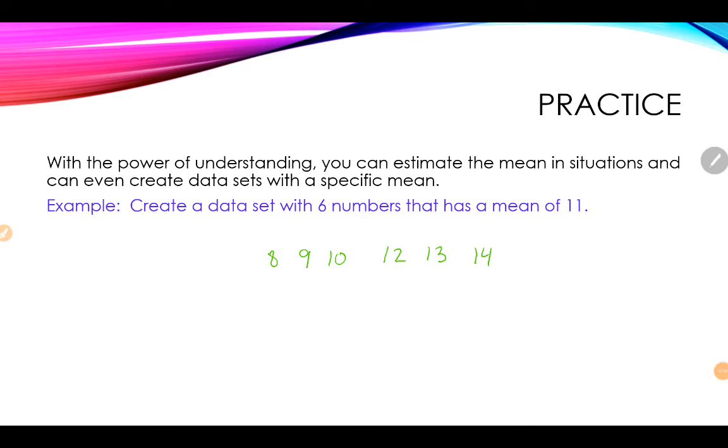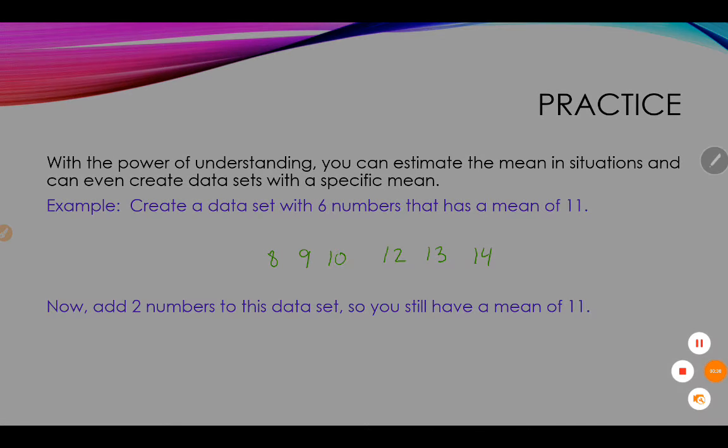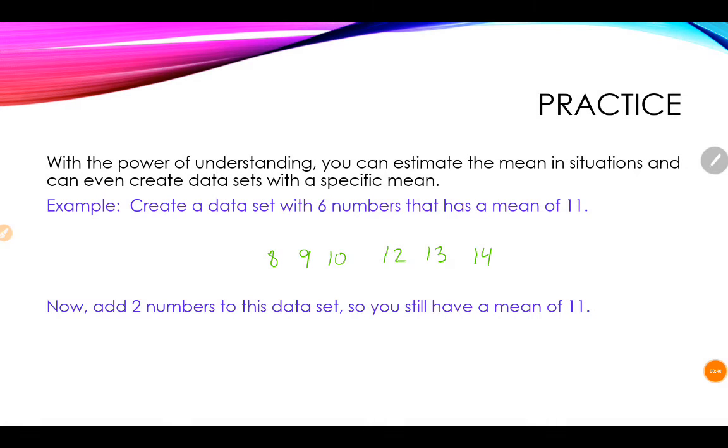Okay, let's take this problem one step further. What if we want to add 2 more numbers to this data set, but we still want to maintain that mean of 11? So this time our n is actually going to be 8, because we have the original 6 plus 2 more. So our n is now going to be 8, and our mean is 11 still.